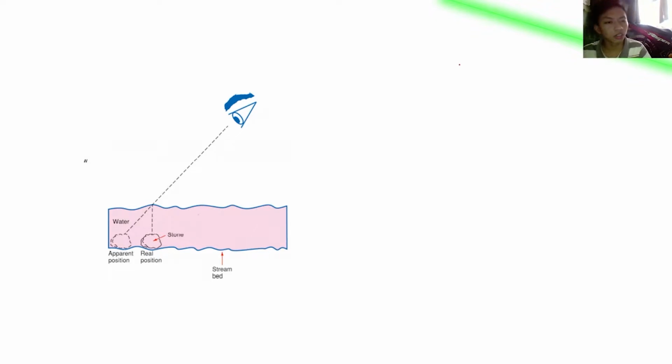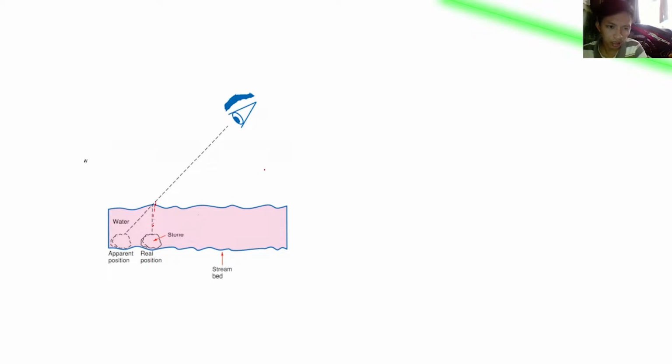Okay, so as you can see here, refraction happened in this case. As I said a while ago, the light wanted to travel the shorter distance as much as possible. That's why it is here. Okay, and when we perceive it, it may look like this.